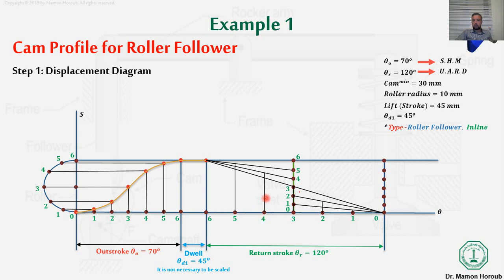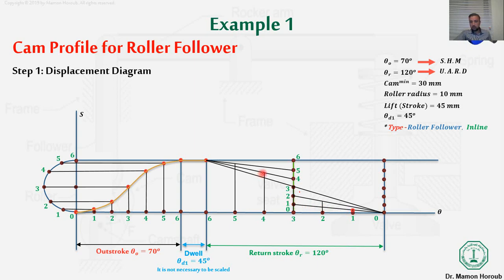Then I will stop once I cross the line of number 4. Here, if I need to put a line, I will start from 4 until I cross the line number 4. For 5, I will start from 5 until I cross the line of number 5. For 2, the same thing. I need to draw the perpendicular line until I cross number 2. For the 1, I will draw until I cross number 1.